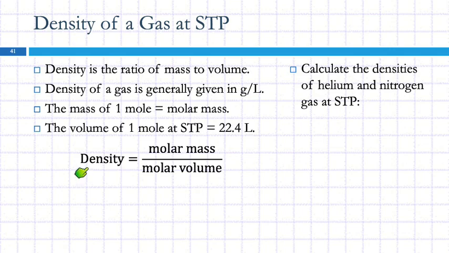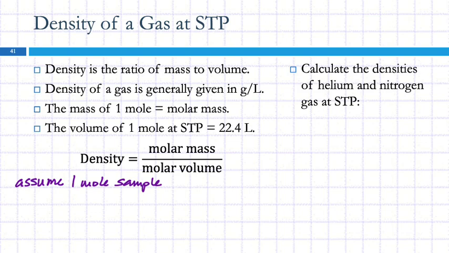We know that density is the mass divided by the volume. So what we can do to calculate density is we can assume a 1 mole sample. The density does not change depending on how much of the gas you have. Density is one of those intensive properties.